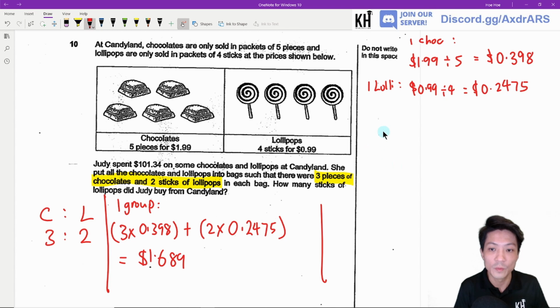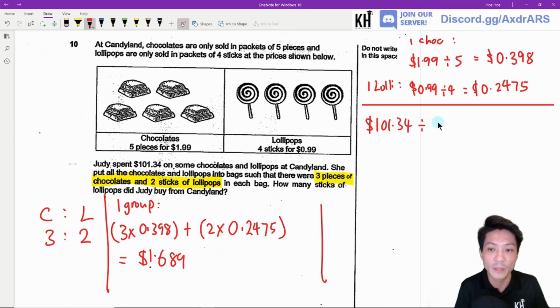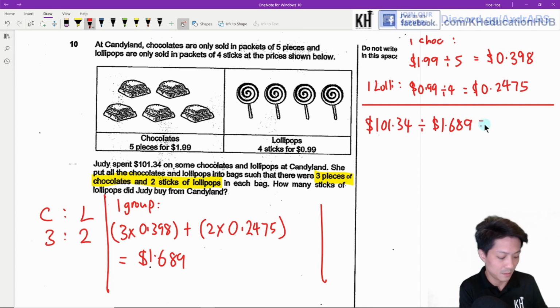The next step would be to do, so this one is separate working, to find out how many groups there are, by using 101.34 divided by 1.689, which means that there are 60 groups.